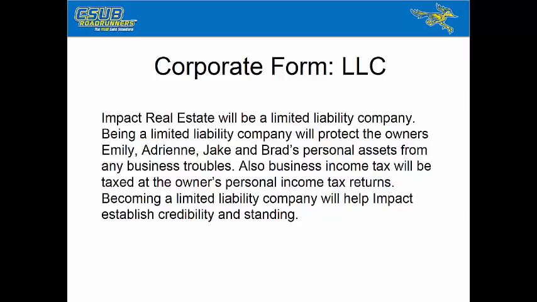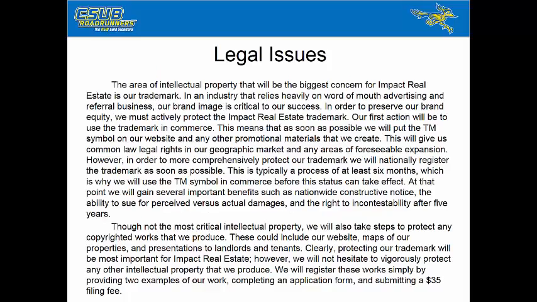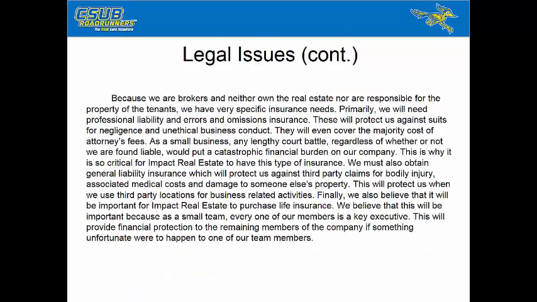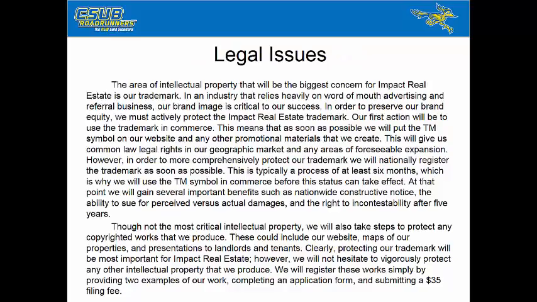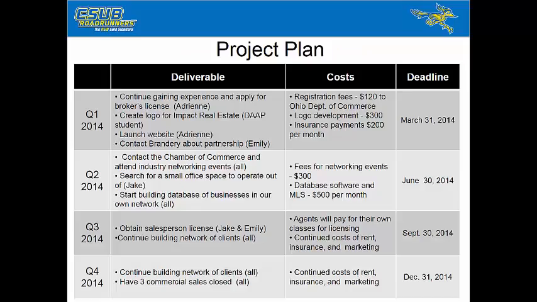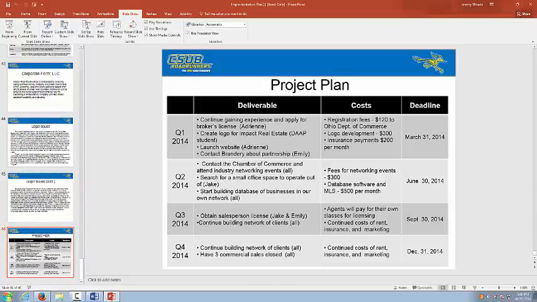You've got 1 page that talks about what corporate form you're going to choose for the company. You've got 1 page or multiple pages if you need them talking about what legal issues you are going to face in terms of copyrights and trademarks, insurance, so forth. Talk about how you're going to deal with them. And then list the project plan at the end. That is basically what the implementation plan looks like.